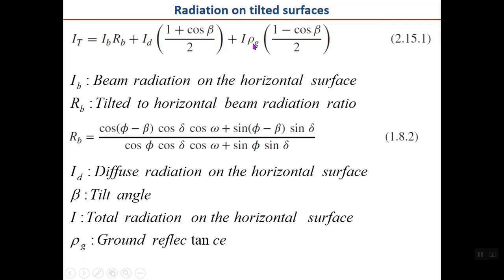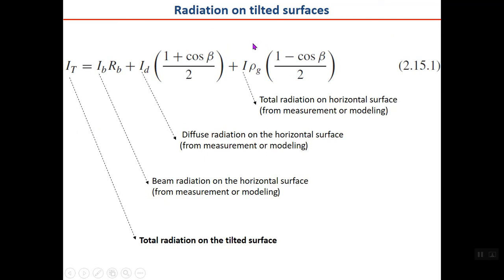So, an important point here is that when you are going to calculate the radiation on the tilted surface, you need the total radiation on the horizontal surface, you need the diffuse radiation on the horizontal surface, you need the beam radiation on the horizontal surface.